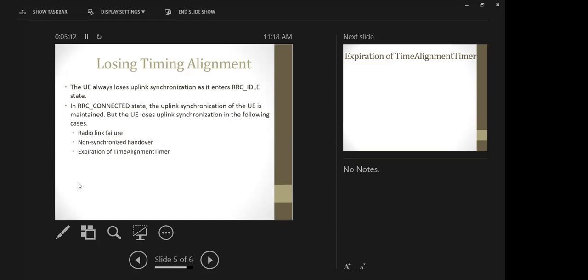Whenever you have uplink synchronization established or updated, you start a timer called the time alignment timer.